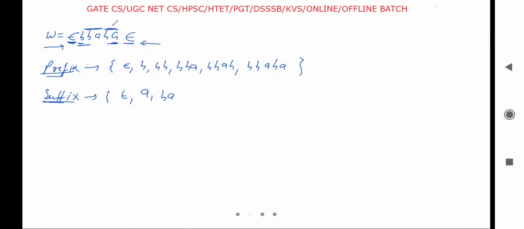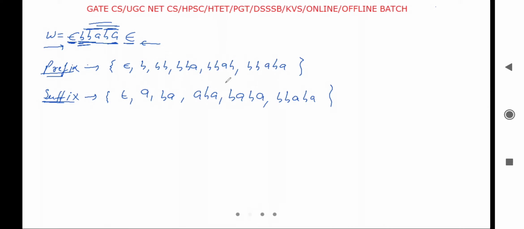After that it can be aba, then baba, and after that it is abbaba, and finally the whole string bbaba. Okay, so finally these are the prefix and suffix.